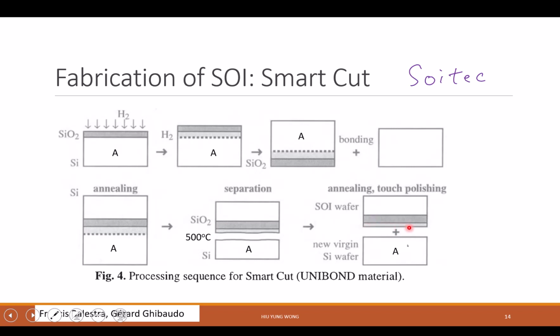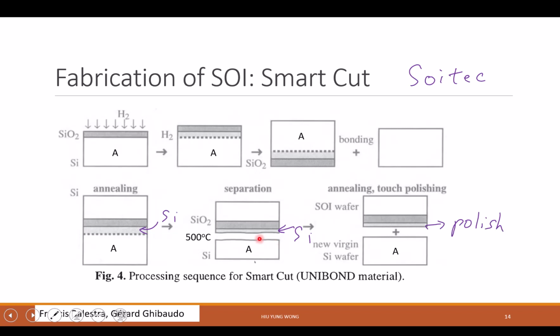Then on top, you have a very thin layer of silicon. Remember, this part is silicon, right? Because hydrogen is the dotted line. So this is still silicon. Then you polish it, make it flat. And this allows you to go to a very thin oxide.